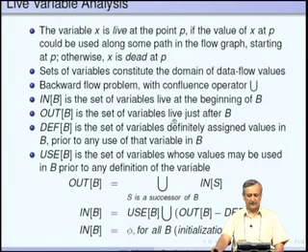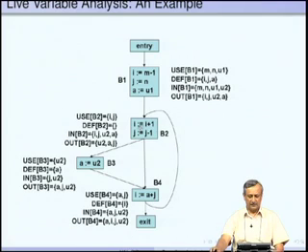In the case of live variable analysis, In B is the set of variables live at the beginning of B, and out B is the set of variables live just after the basic block B. The gen and kill correspond to the two sets use and def. Use B is the gen set. It is the set of variables whose values may be used in B prior to any definition of the variable. In the example here, use of B1 is m, n and u1.